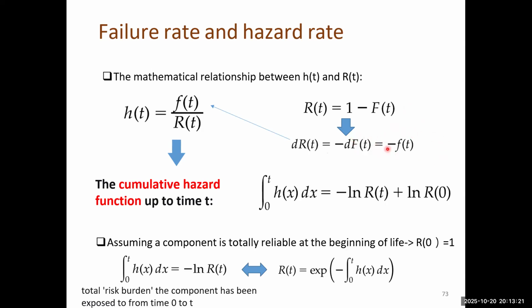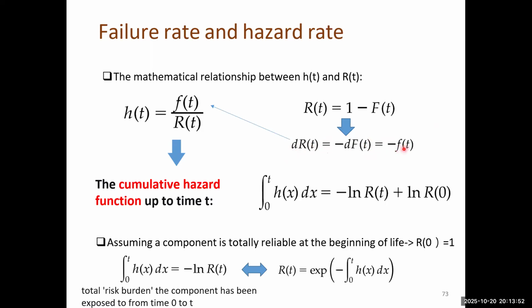Why is that? Anybody know why? Because f(t) is the derivative of capital F(t). Or we can say it another way: capital F(t) is the primitive function of f(t). So we can calculate dR(t) as minus f(t).